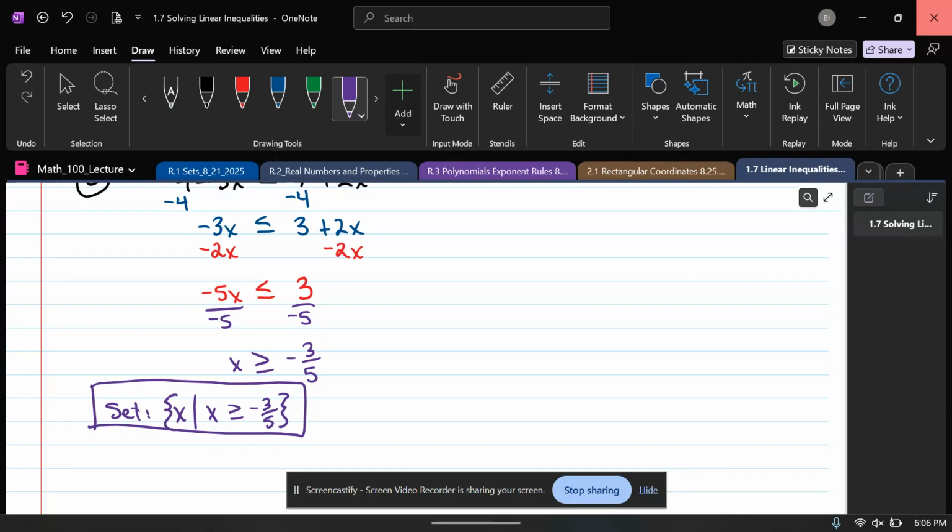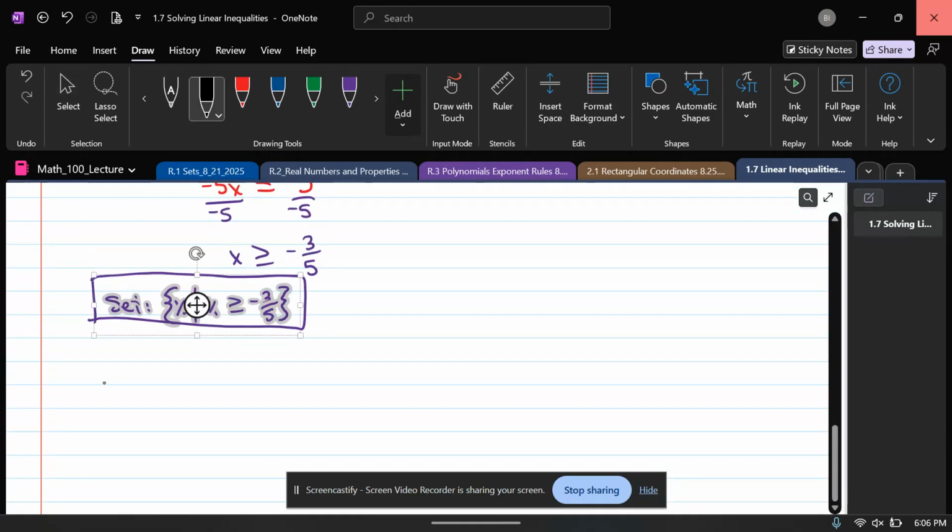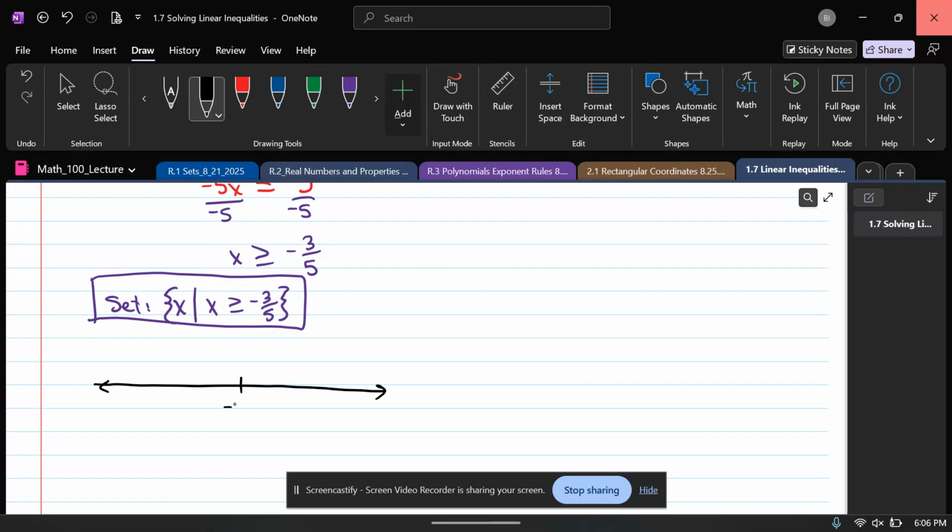Now on the number line, you got a little bit of freedom on how you do this. I'm going to show you how I like to draw the number line, and then you do it the way you want to. I'm going to put that fraction in the middle again, the answer, negative 3/5. And then when I go smaller than that, I'm going to go negative 4/5 and then negative 1, because that's negative 5/5, right?